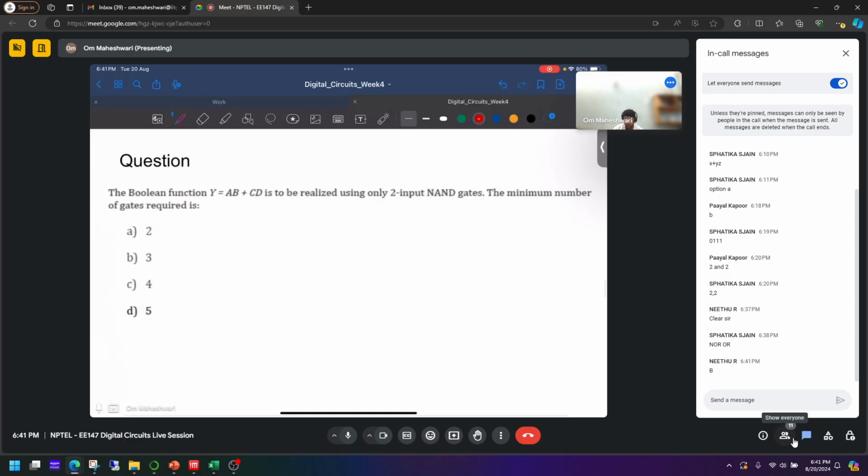See this one. The Boolean function y equals ab plus cd is to be realized using only two input NAND gates. The minimum number of gates required is.